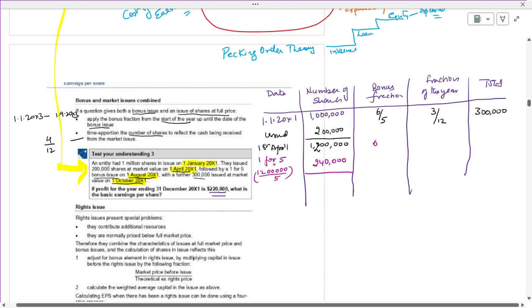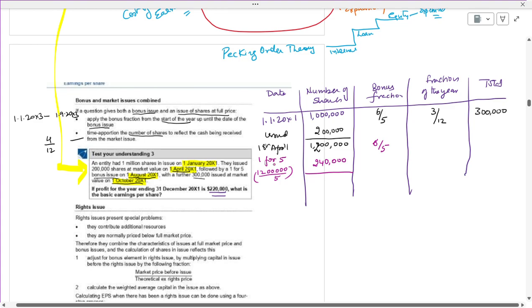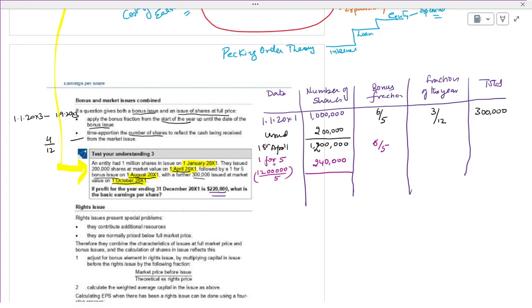Again, 1 for 5 means 6 by 5. Now, how many months will be their fraction of the year? August means 4 months.